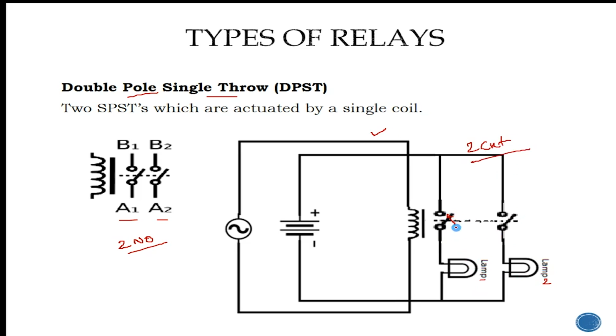If it is S1 and S2, once you turn on the S1 switch, the current will flow in this path and lamp 1 will turn on. And if you turn on switch 2, then the power will flow in this direction and lamp 2 will turn on. At the same time, you can operate both circuits.